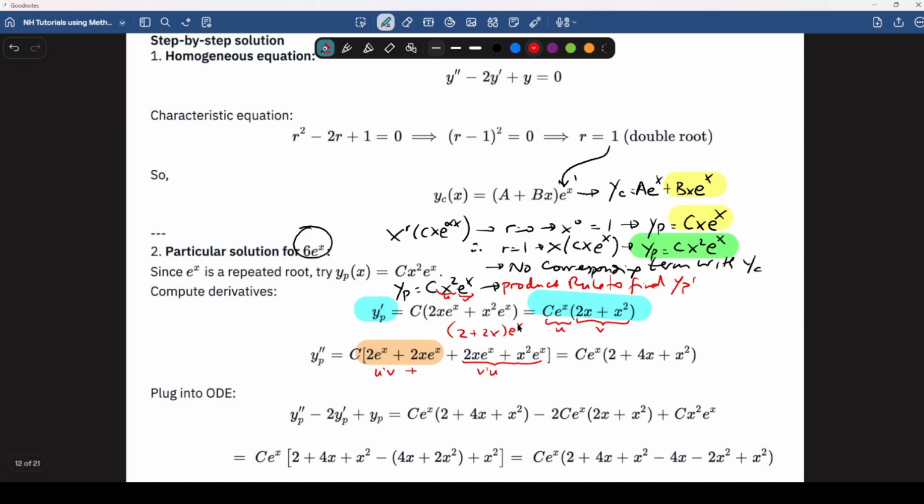So we got 2 times e to the power of x, 2x. And then v prime will be x squared times u. Okay, x squared times u. So that is the v prime u. You can highlight it in a different color.